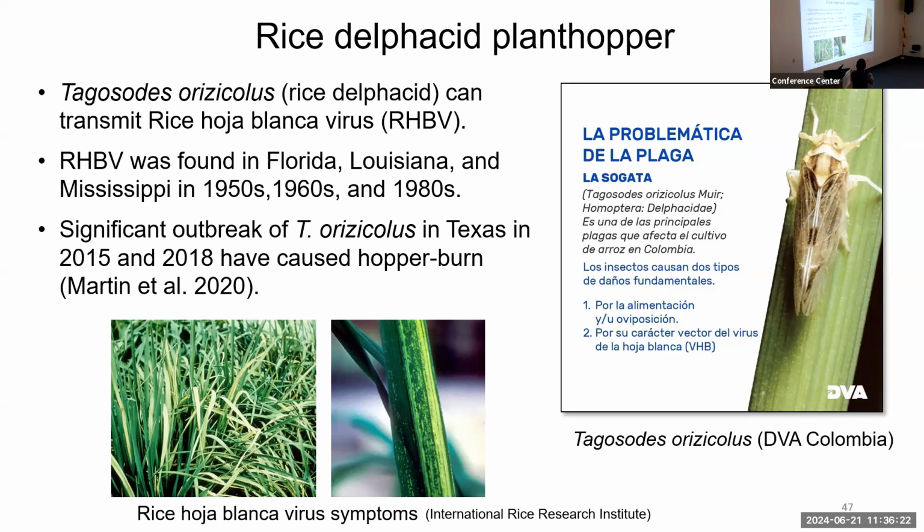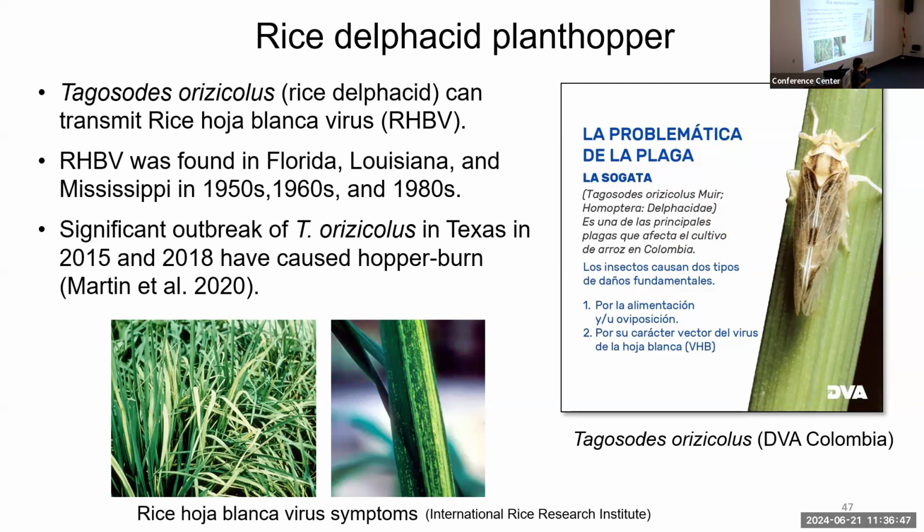So you can see this is a poster I got from Colombia. This virus is in Latin American countries, and they're causing problems. So this rice delphacid can transmit hoja blanca virus, and the rice infected with the virus will show these symptoms.